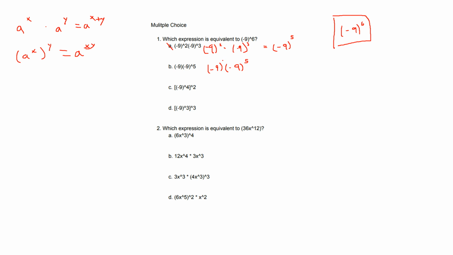And even though it's not written, it's negative 9 to the power of 1, because that's just negative 9. And just like before, since you're multiplying these two, you're adding the exponents, which means this simplifies into negative 9 to the power of 6, which is what we're looking for. So our answer for this question is B.